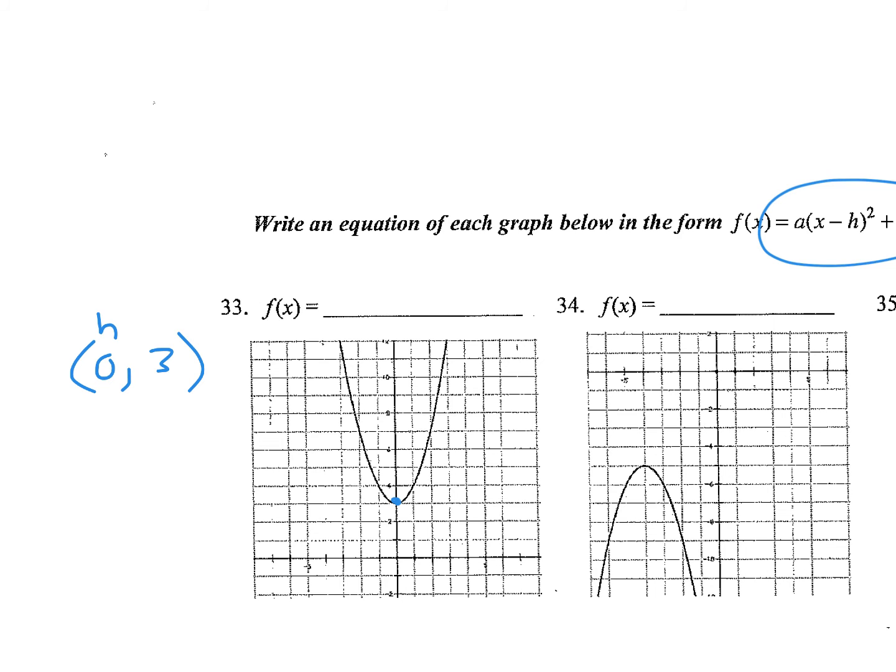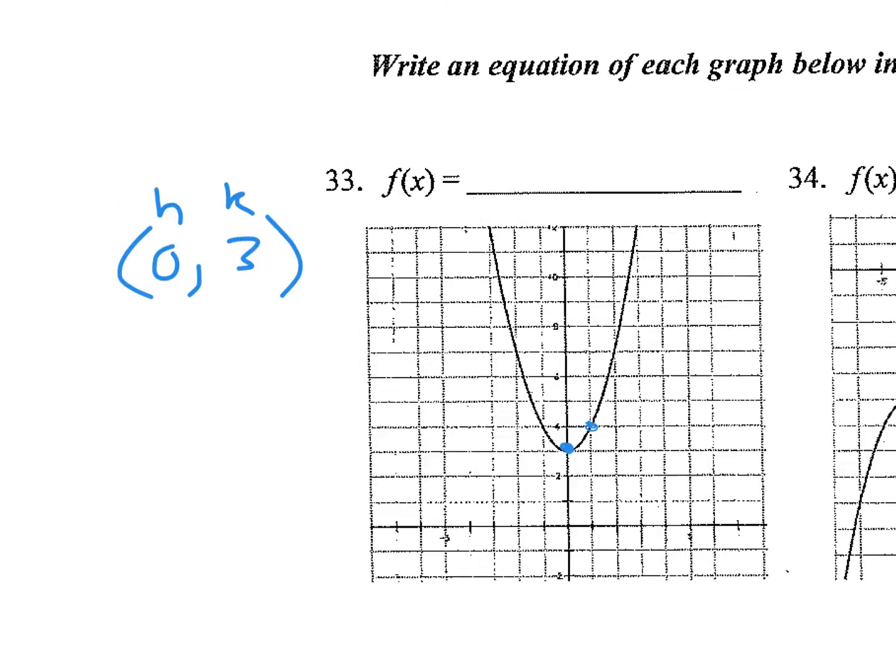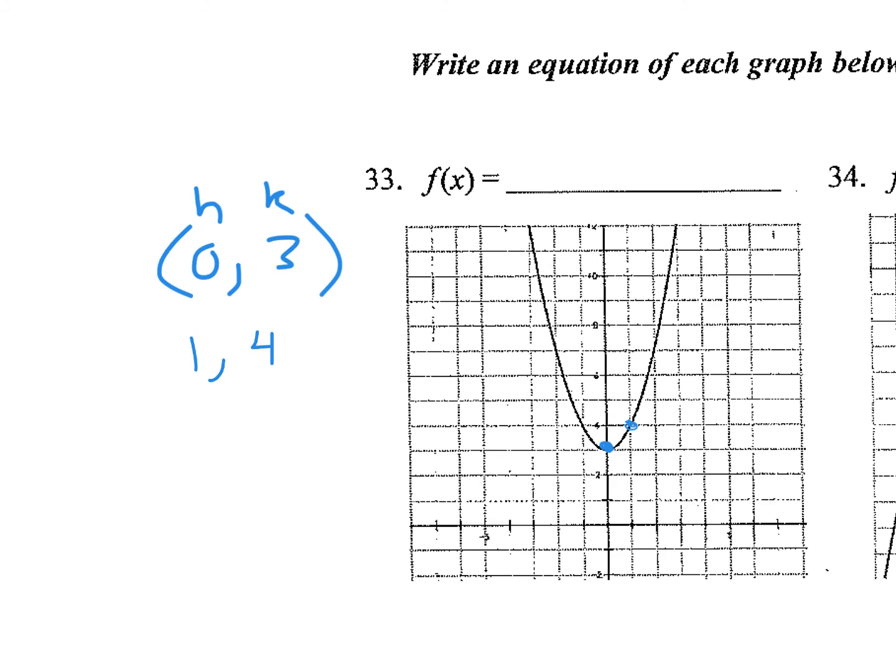So 0 is our h, 3 is our k. And then we can pick any other point on our graph here to use as our x and y, and we solve for a. So any point on this graph, preferably one that goes through two whole numbers. So I'm going to pick 1, 4. And use that as my x and y.